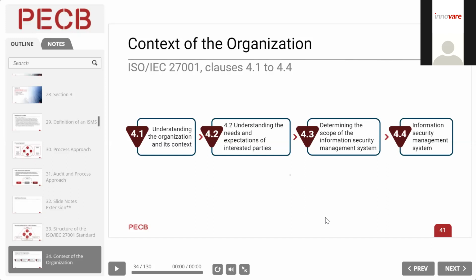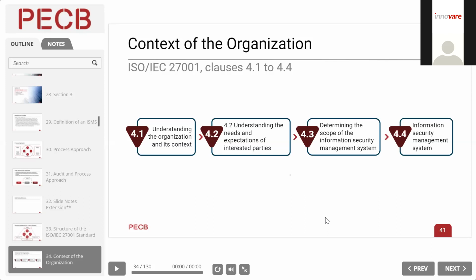That should be the perspective of information security, and that can only be achieved if we are doing a top-down approach. So the top-down approach starts with understanding the context of the organization, and understanding what makes up that organization.